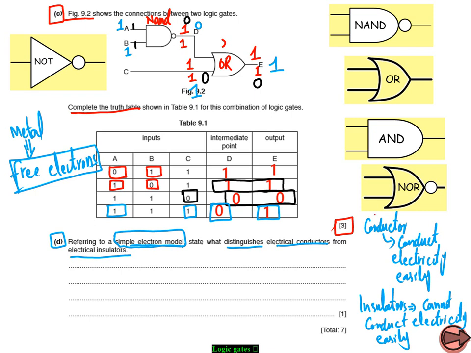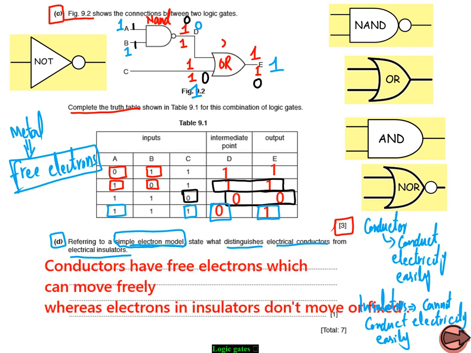Now let's write a proper answer for part D. We simply need to say conductors have free electrons, so the electrons can move freely and they conduct electricity easily.